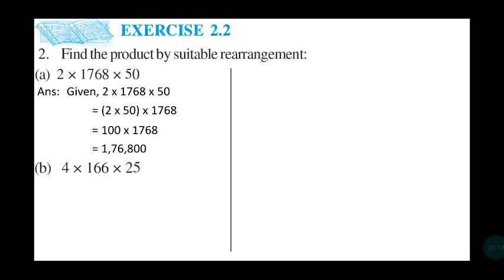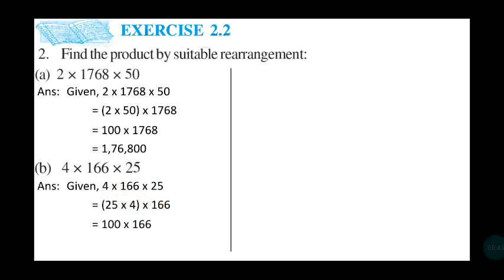Second one, 4 multiplied by 166 multiplied by 25. Given these three numbers. Okay, now which two numbers are easy to multiply? 25 and 4, because we know that 25 fours are 100. So multiply the two numbers first. 25 and 4, multiply by 166.